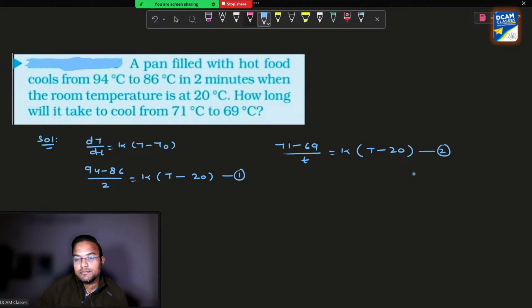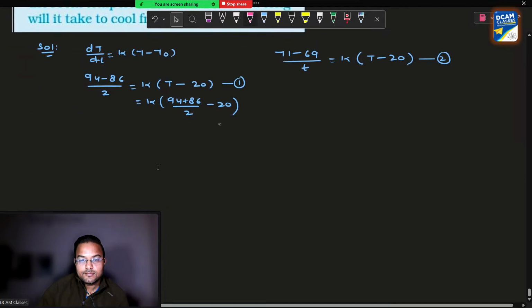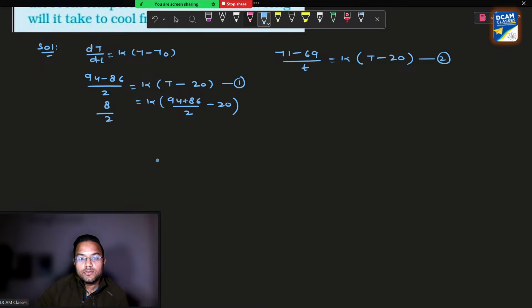I think your answer is more correct. Right, so here k into (94 plus 86) divided by 2 minus 20. This is 8 by 2, so 4 is equal to k into 180 by 2, that means 90 minus 20. So k will be equal to 4 upon 70. That value you will put here.